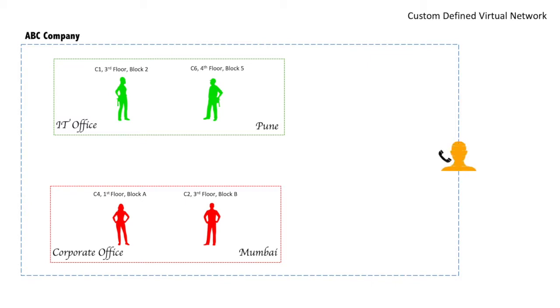What they would do is reach out to a receptionist. This receptionist would have the whereabouts of Abhilash Sharma, where he exactly sits. So the receptionist is translating the address which is exposed to the outside world to the private address, and will reach out to the exact person at their private address.